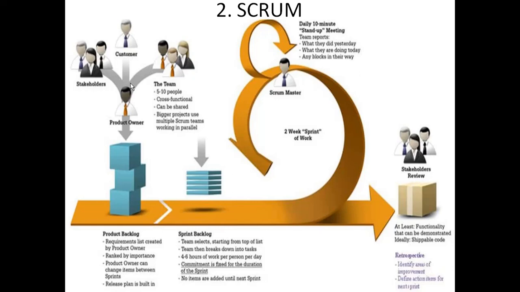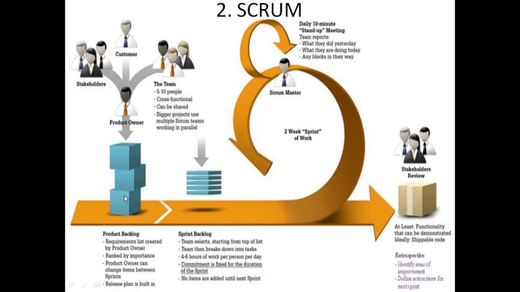For example, if one or two members are facing some problem with the development of a particular product, then two to three members of the next team can help each other. They can discuss the problem with each other and try to resolve it in the minimum time possible. So all these work together and form a final product.